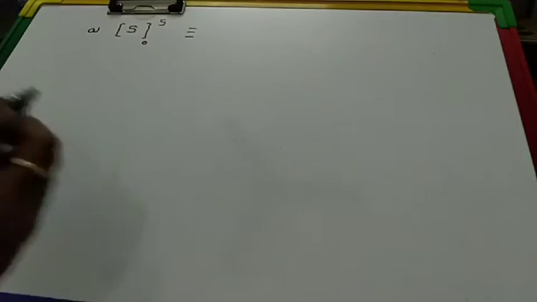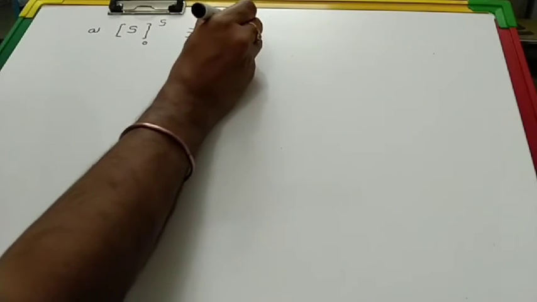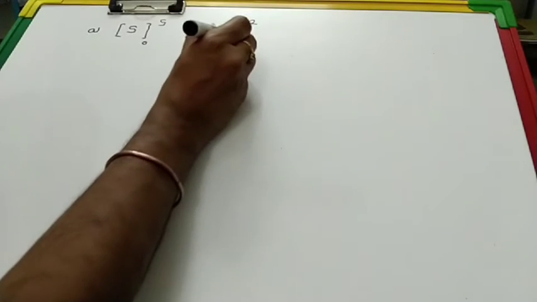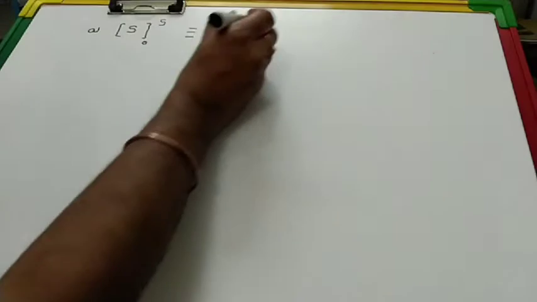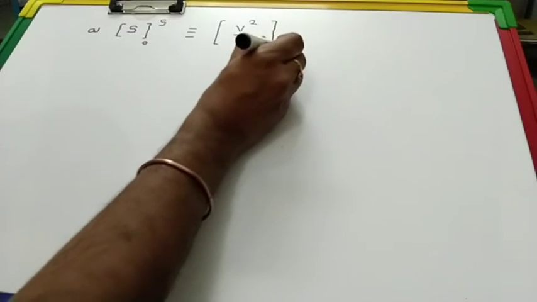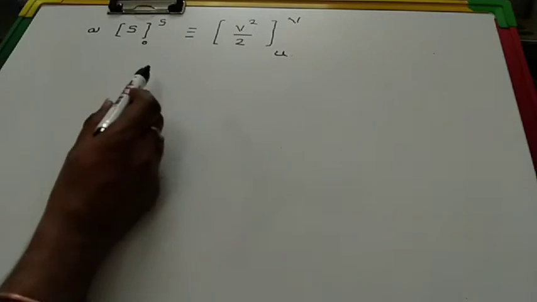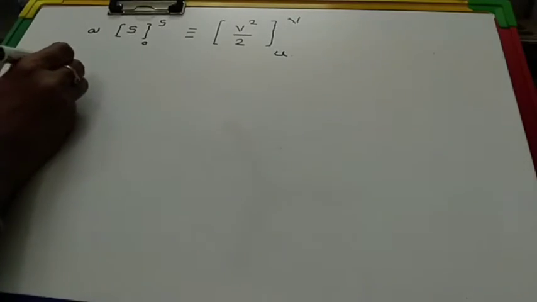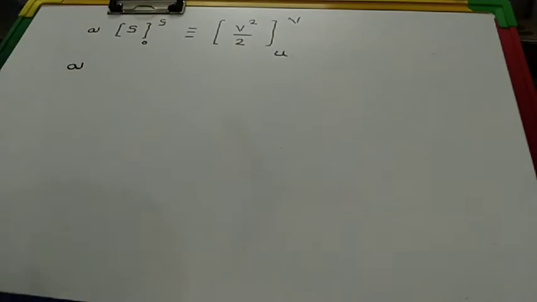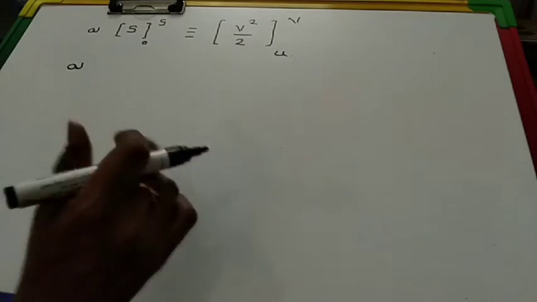Therefore, what do we get? a times s within the limits 0 to s is equal to v square by 2 with lower limit u and upper limit v. Now substitute the limits. a we write as a only, no change.